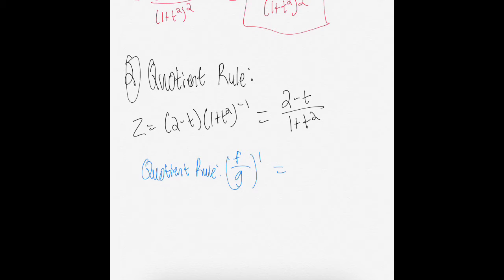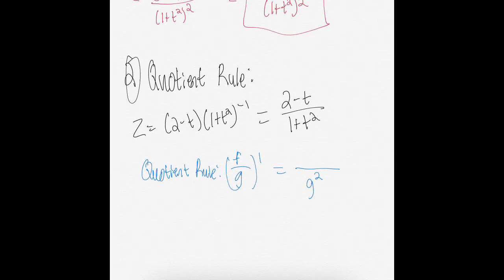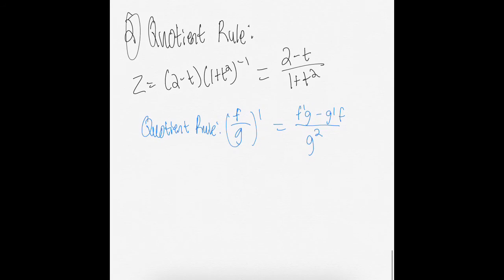So that is going to be, what is it? Come on. Is it plus or minus? I always forget. So I know in my denominator I have g squared. In my numerator then, let me see, I introduce a negative where I take the derivative. Yeah, okay. In the numerator then, I'm going to have f prime g minus g prime f.